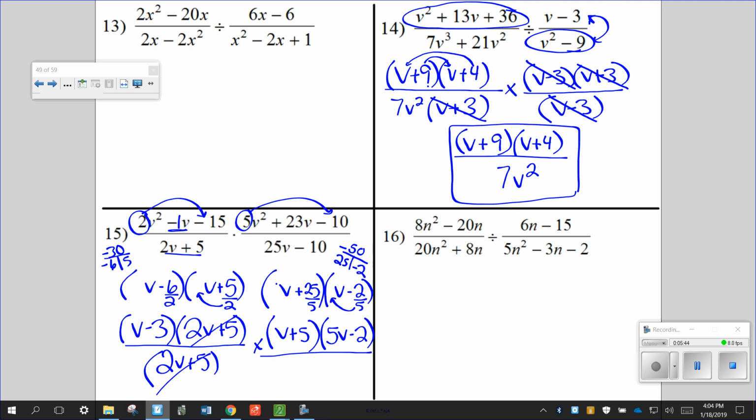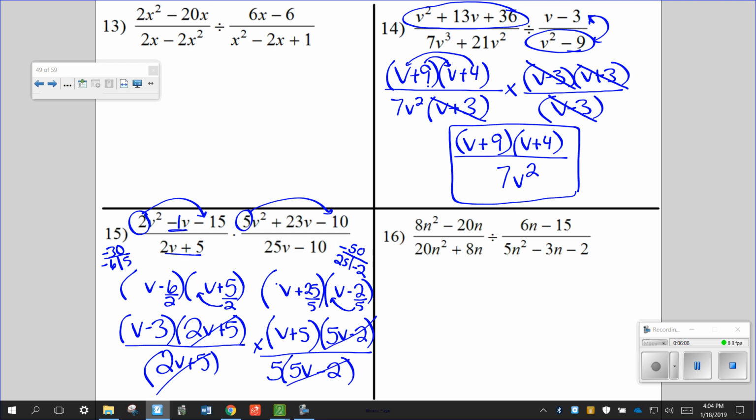Alright, now we move into the denominator, 25v minus 10. Greatest common factor. A factor that both of these terms have in common. Something I could divide both of them evenly by. 25 divides by 5, and so does 10. So I factor out the 5. And I'm left with 5v minus 2.